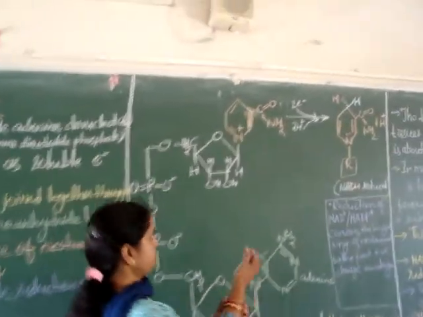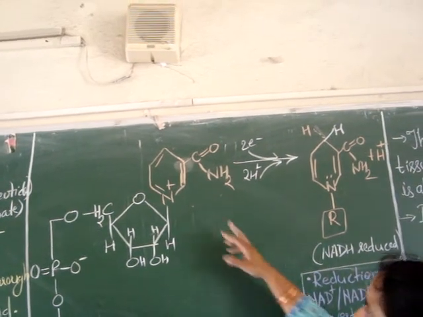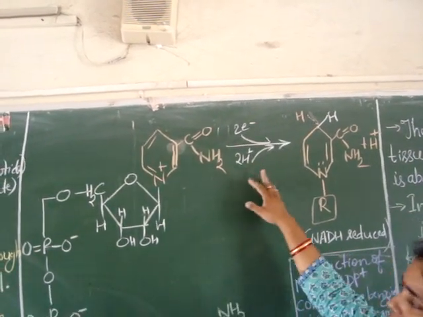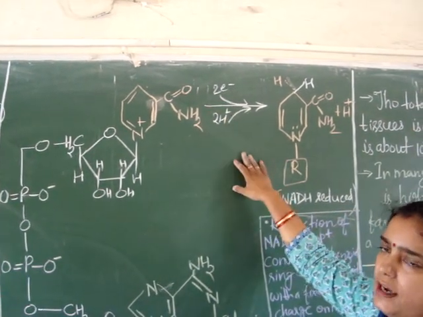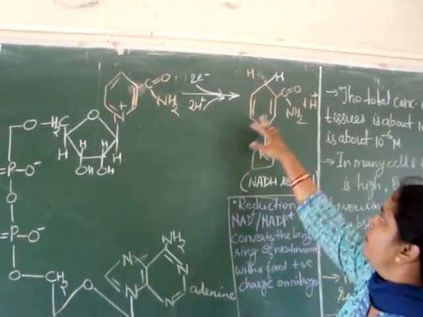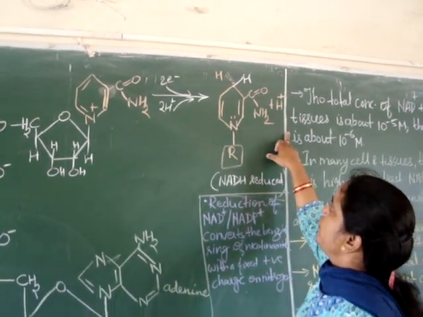See here, in the whole structure only this nicotinamide ring participates in the reduction reaction. It accepts two electrons along with one proton in the form of a hydride ion like this, and one proton is released in the aqueous solvent.